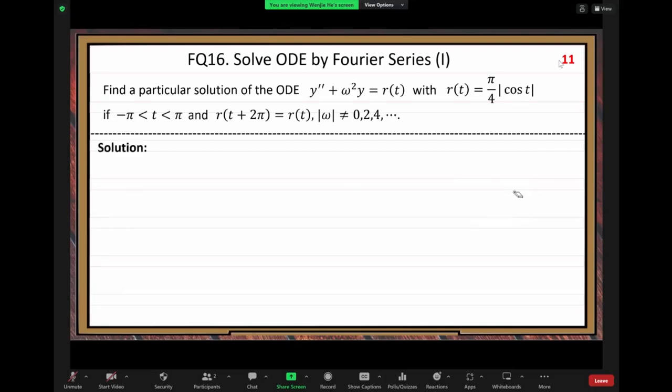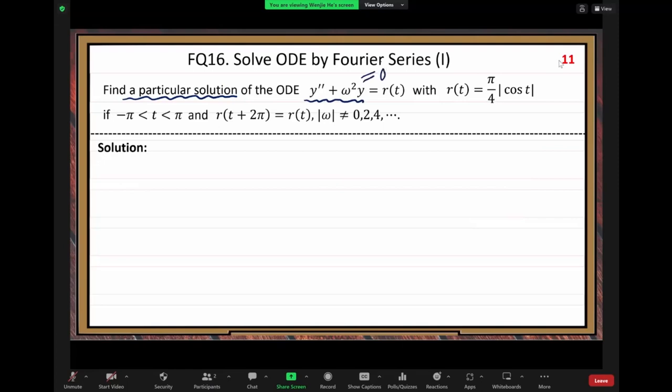Now let's look at the solution. Yeah. Here, when you read the question, we only need to find a particular solution. Okay? So you do not need to write a general solution, although that difference is small. Because we can write the general solution of the homogeneous equation easily, right?